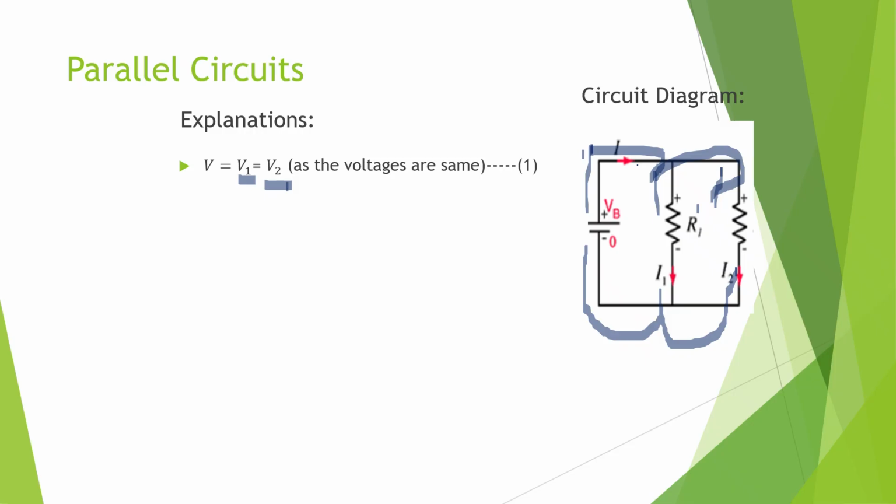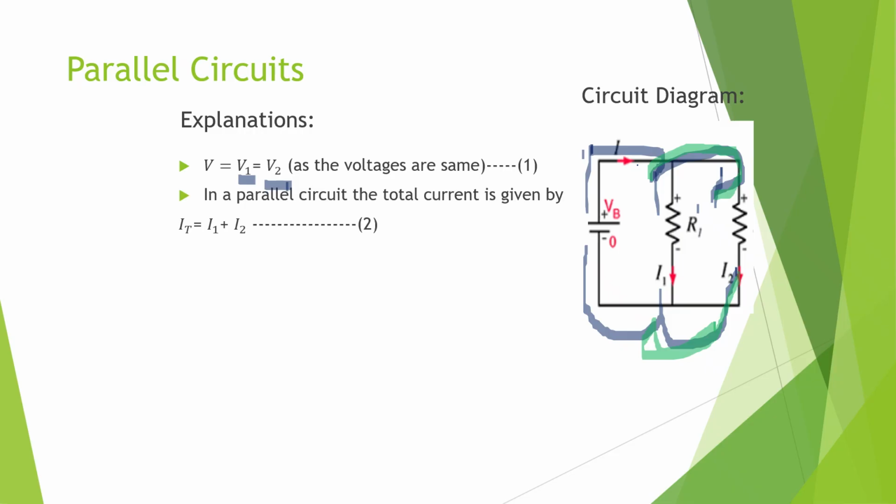Similarly for R2, the entry point is plus VB and the exit point is 0. So across R1 and across R2 it is the same voltage. In a parallel circuit the voltages are the same. In a series circuit the voltages are different, the current is the same.